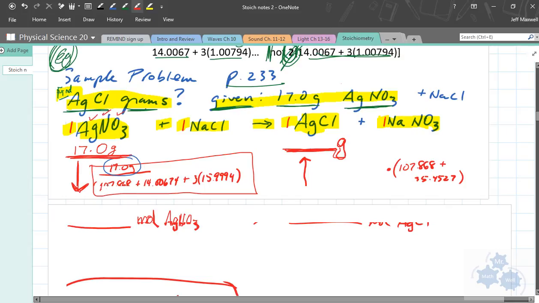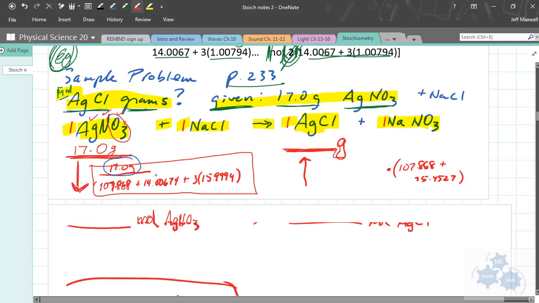So Ag, what's that? 107.868. Sorry, this didn't copy very well. Plus 1 nitrogen, so that's 14.00674, plus 3 oxygens. 3 times 15.9994.